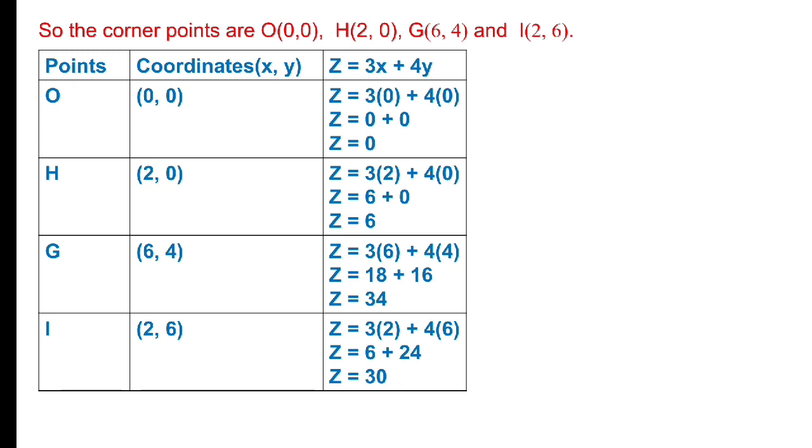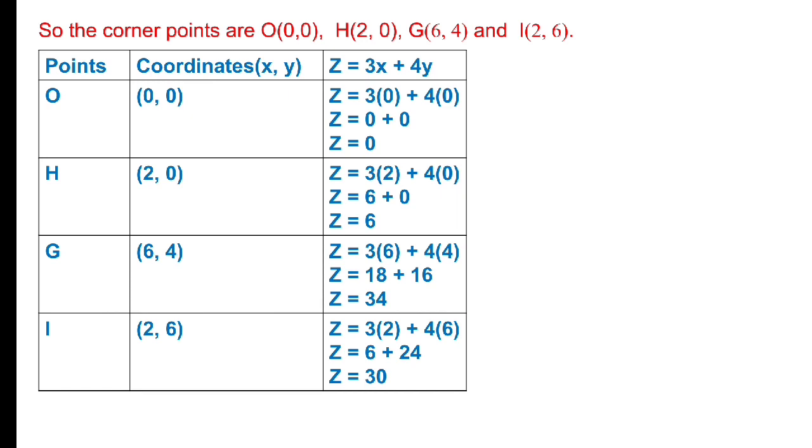For G, 6, 4: 3 of 6 plus 4 of 4 is 18 plus 16, which gives 34. So z equals 34 at coordinates 6, 4. Then I, 2, 6: 3 into 2 plus 4 into 6 is 6 plus 24, which is 30.